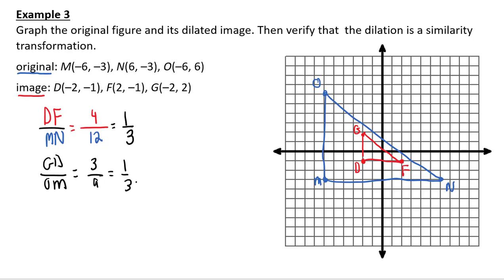And that's also 1/3. So I have two sides that are proportional. We have a right angle here and a right angle there. So yes, it is a similarity transformation, and we know those are similar by our side-angle-side similarity postulate. Okay, thank you for watching my video on similarity transformation.